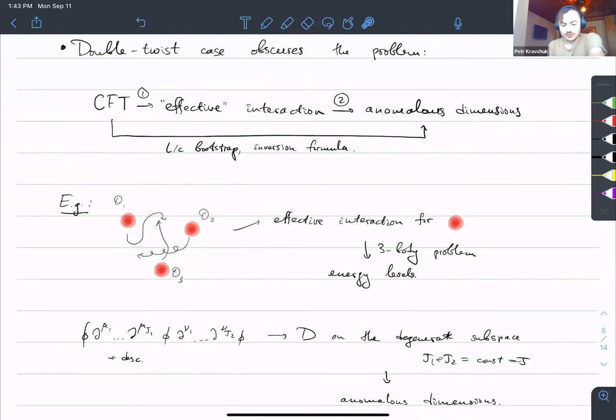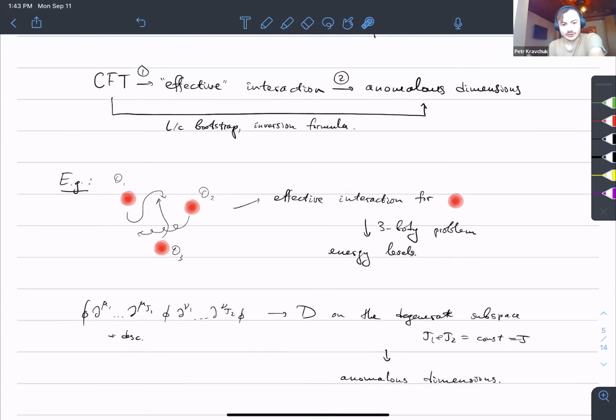In more down-to-earth language, if you take a free theory, you have triple twist operators and add some interactions, like phi^4 interactions, then once you think about these fields, say, built out of 3 phi's, at a given spin there is a large degeneracy, because you can distribute the derivatives between different fields in different ways while keeping the spin and scaling dimension fixed.